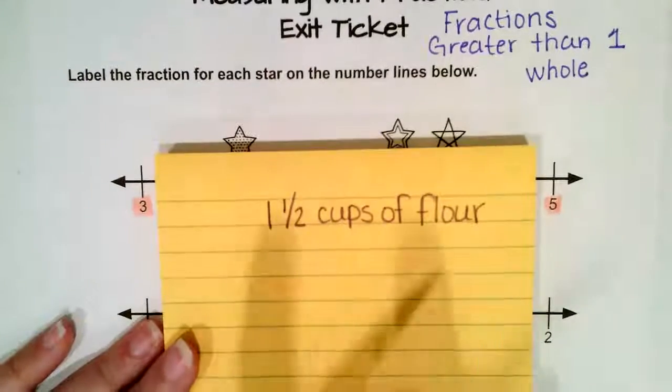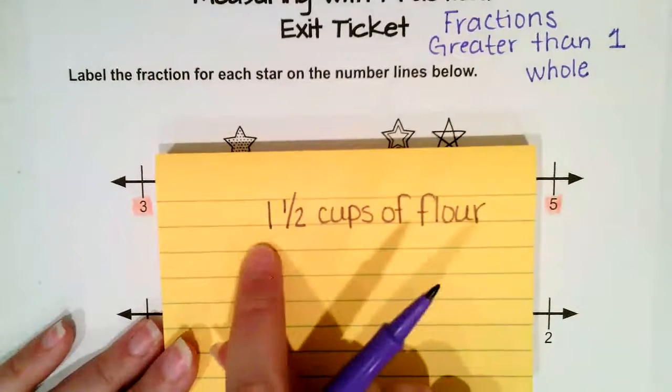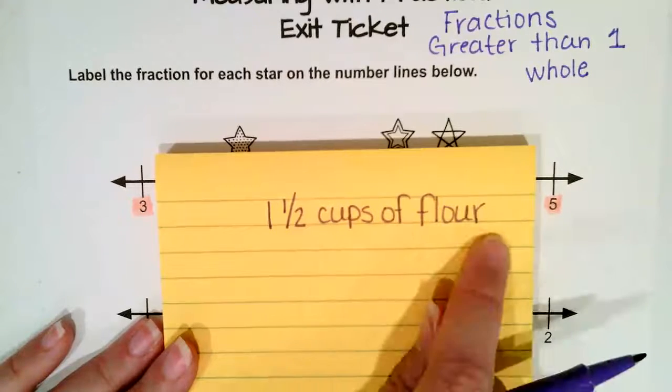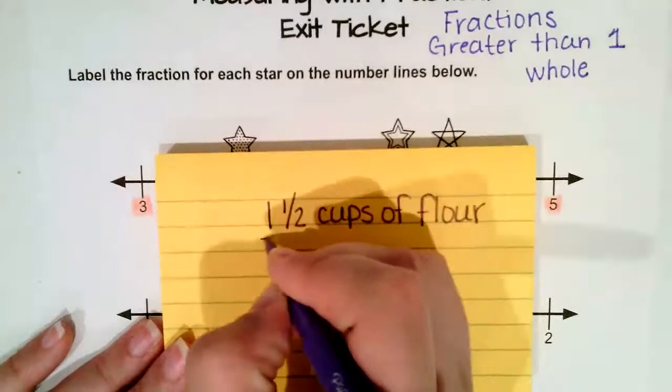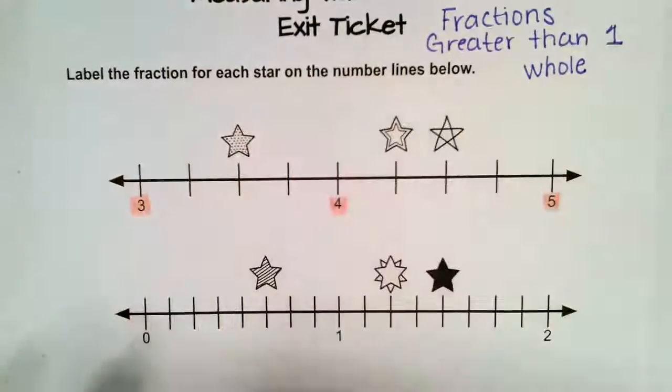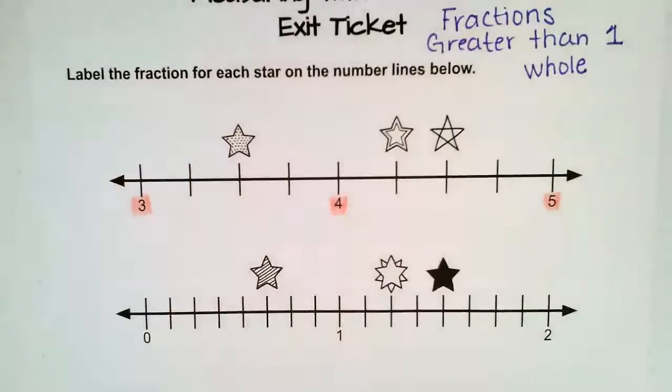Okay, so it's going to be greater than just 1 cup. It's 1.5 cups of flour. So I have a whole cup and then my fraction part, which is half of a cup. So that's kind of what we're going to be talking about, going beyond just a whole.